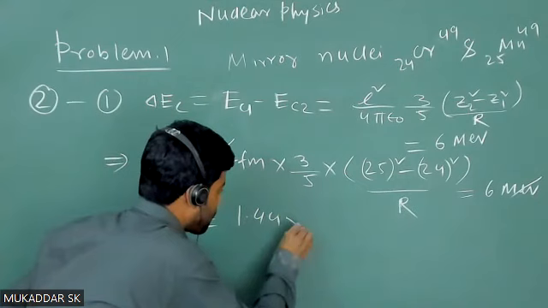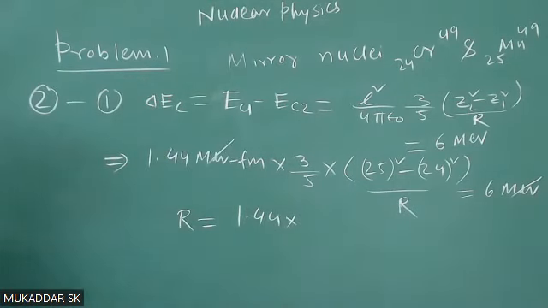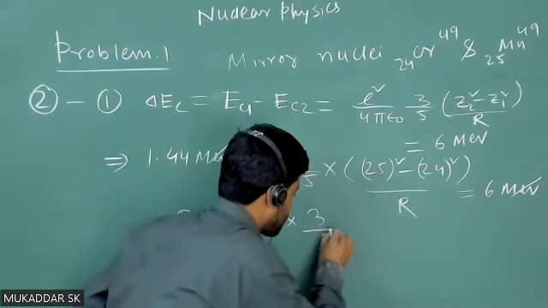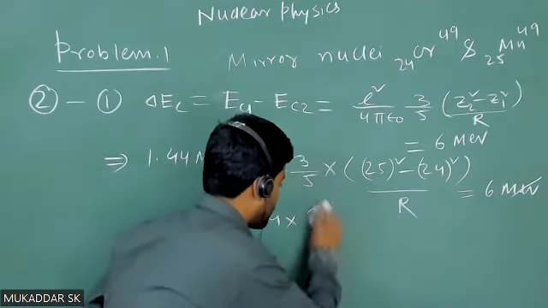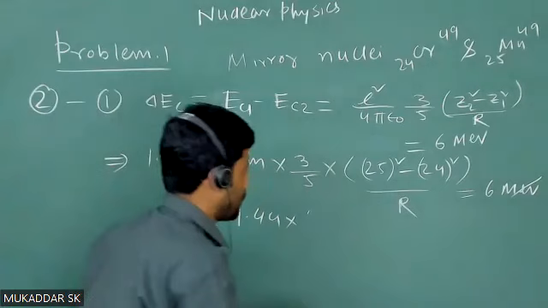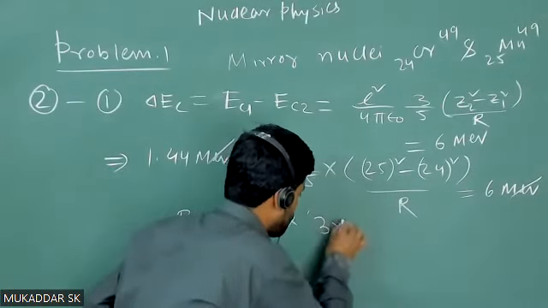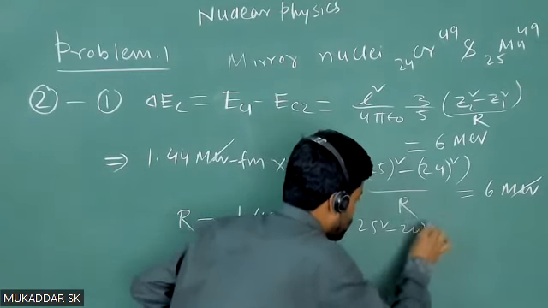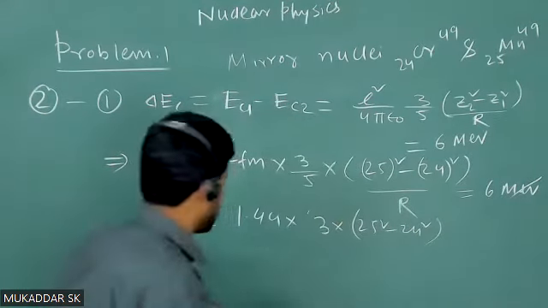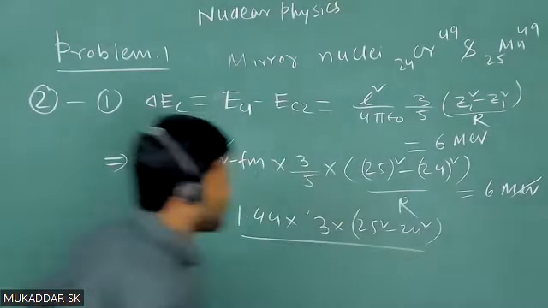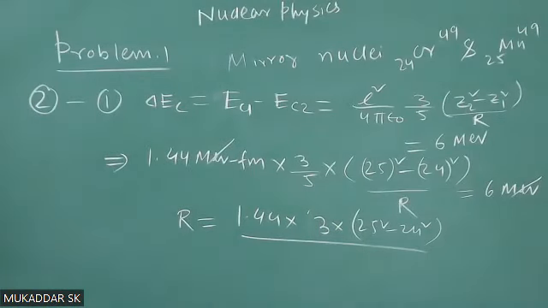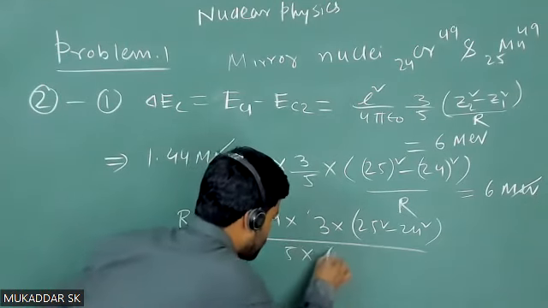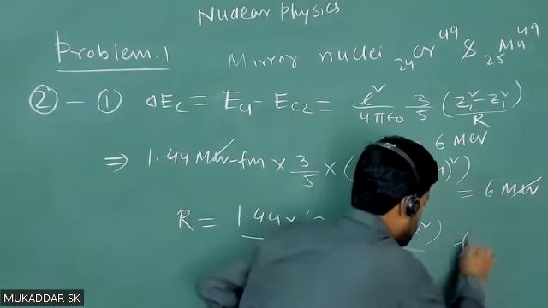As a result, I'll get the radius of either chromium or manganese, that will be 1.44, then 3 by 5, or I can write like this, 3 into 25 square minus 24 square divided by, क्या आ जाएगा divide by? You have 5 also, and you have a 6 also, and that unit will be femtometer.